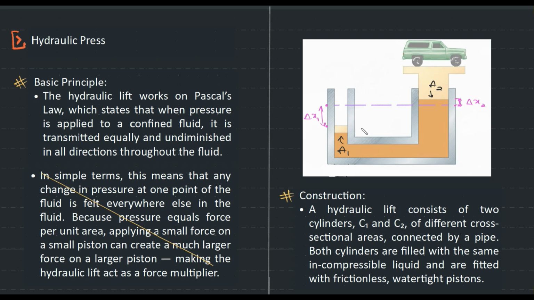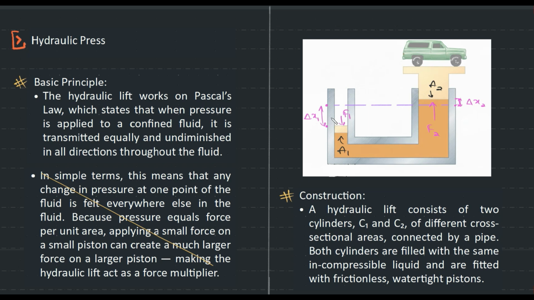Okay, so basically what I'm trying to tell is the cross-sectional areas are A1 and A2. If I push the piston down with a force of F1, it moves down to a depth of delta x1 and this moves up to a height of delta x2. Okay, that's what I'm trying to tell. So this is say F2, that's the force that this piston or this setup will experience.